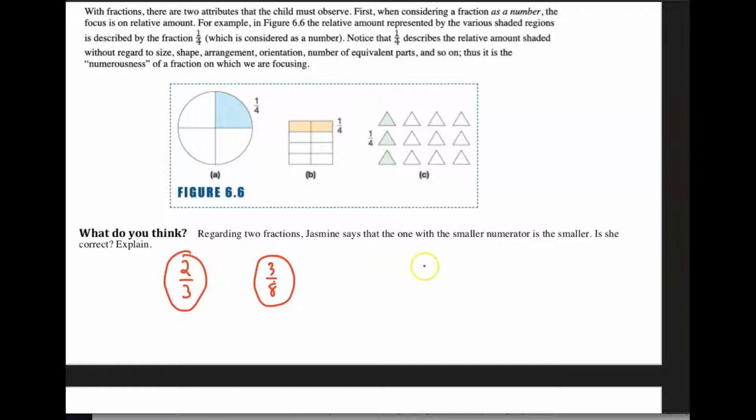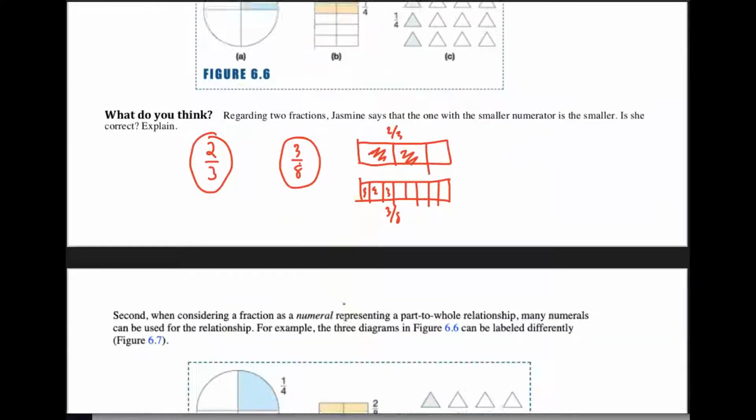But we know that 2/3 is bigger than 3/8, because if you show what 3/8 is, here is your whole, here are your eighths, so here is 3/8, and then if you break this into thirds, there's 2/3, right? So 2/3 is not smaller than 3/8, so that's what we're looking at there.